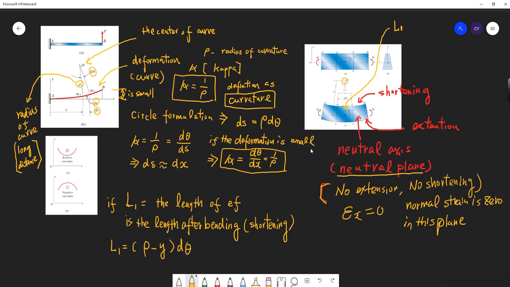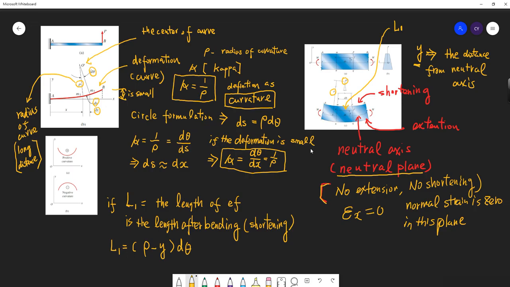So the distance here is rho, and we define the y. The definition of y is the distance from the neutral axis.